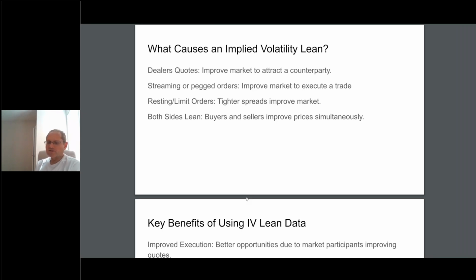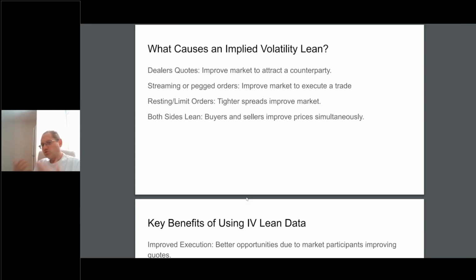Another thing that potentially could happen is that there's an order type, could be from a proprietary trader, it could be a customer, and they put in a streaming or pegged order. So it would be like an implied volatility. Instead of putting a resting order, I want to buy this at $1, you could put in an order, I want to buy this option with an implied volatility of 20 or 21, let's say.